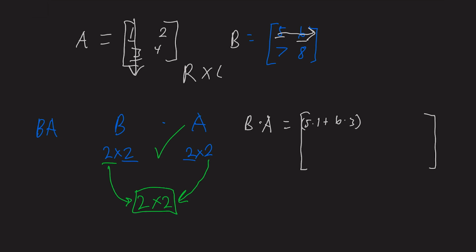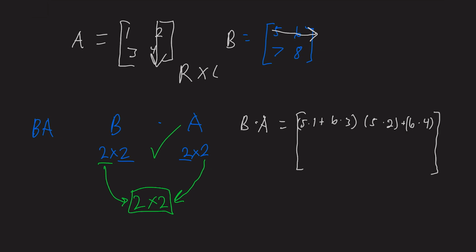Next, we're going to move on to this part right here in our resultant matrix. This is going to be row 1 still, but column 2. So we are taking row 1 times column 2. That's going to be 5 times 2 plus 6 times 4. I'm going to put a little comma here to separate this part from this part. Now I'm looking for row 2, column 1, which is this area right here.